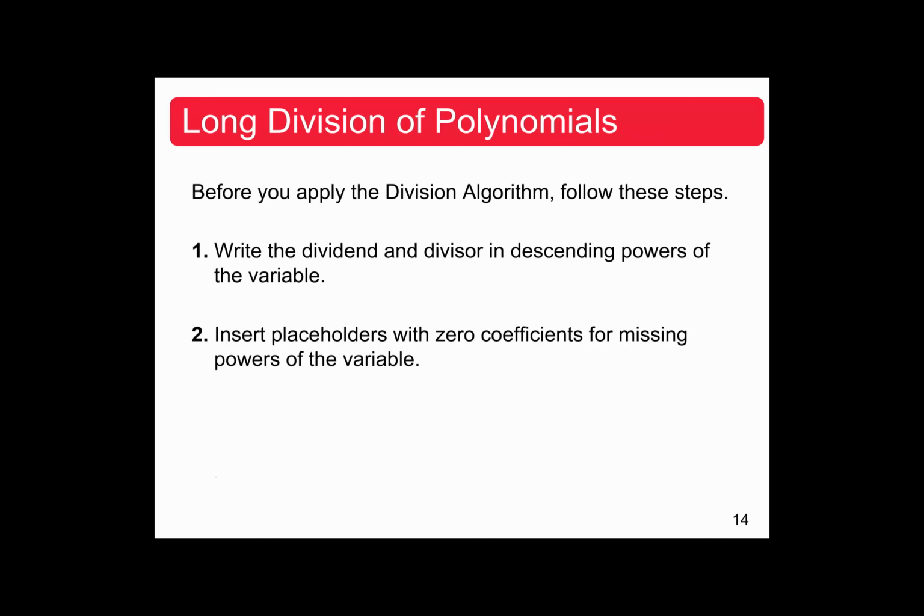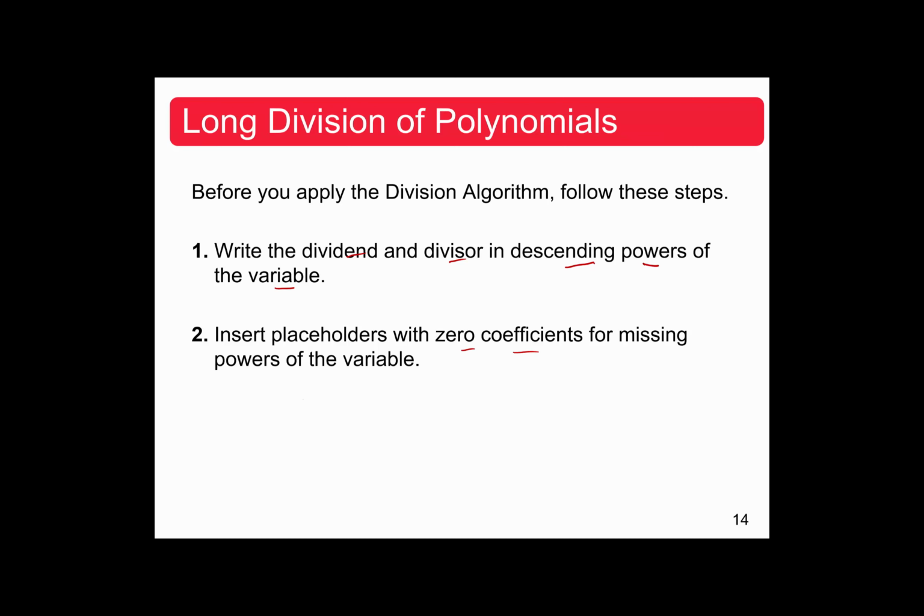So before you apply the division algorithm, follow two steps. Write the dividend and divisor in descending powers of the variable. Also insert placeholders with a 0 coefficient for missing powers of the variable.